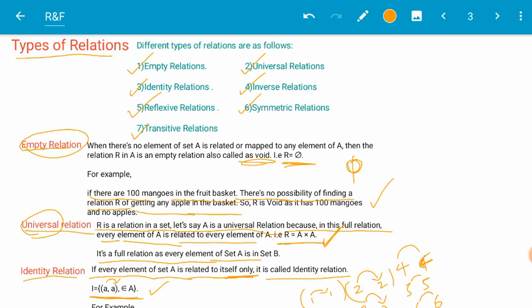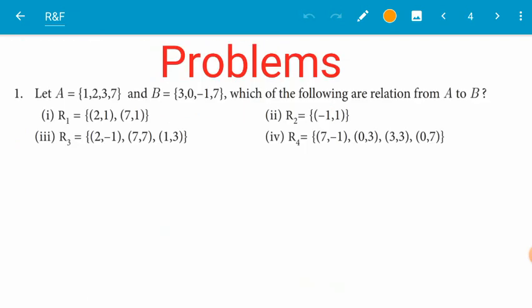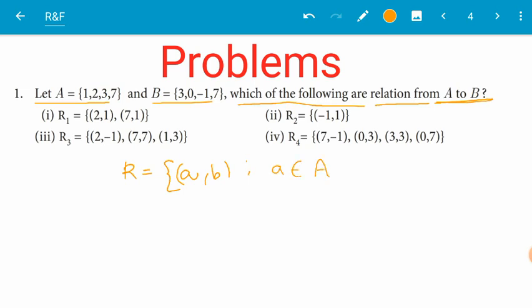Let's see some problems. First problem: A is equal to {1, 2, 3, 7}, B is equal to {3, 0, -1, 7}. Which of the following are relations from A to B? What have we studied? A relation contains ordered pairs (a, b) such that a belongs to the domain and b belongs to the codomain, and it is a subset of the Cartesian product also.